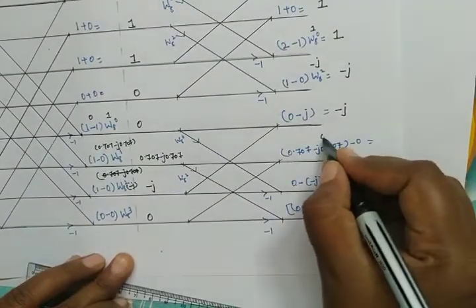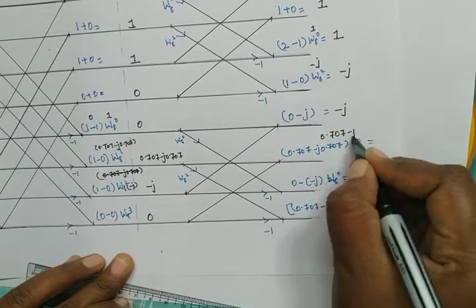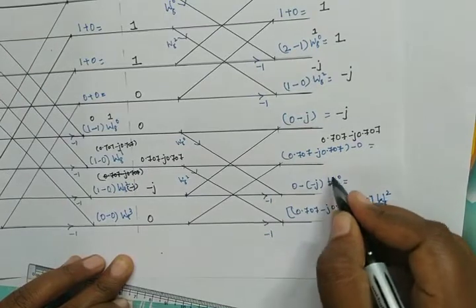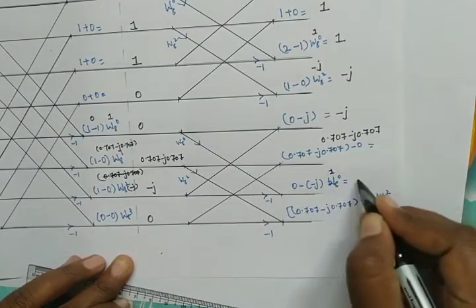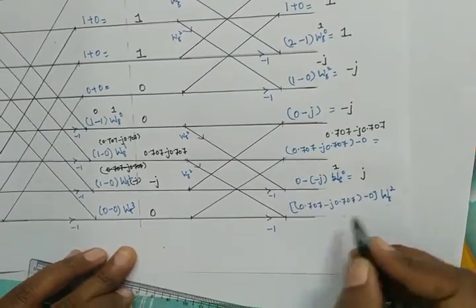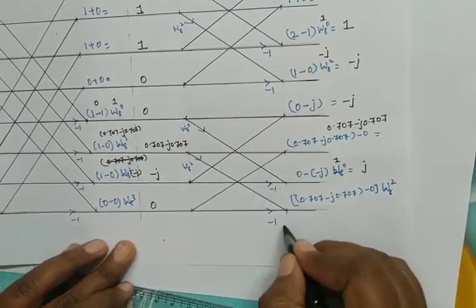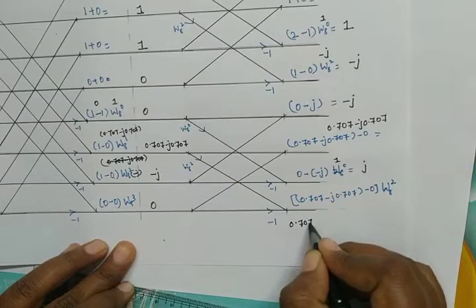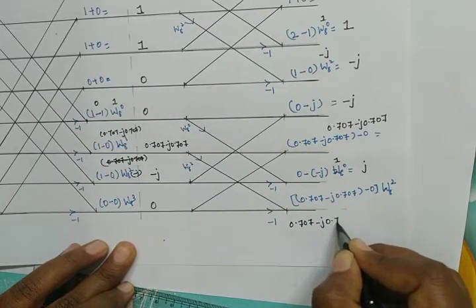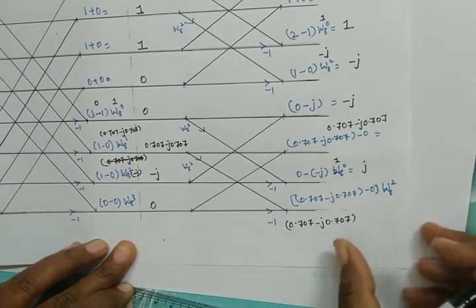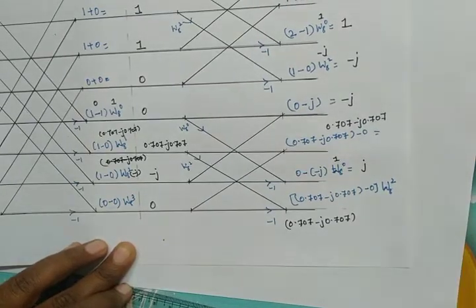Then the next one is, here we have 0. So the answer is 0.707 minus j 0.707. And here it is W8 power 0, so it is 1. So minus into minus plus j. And here W8 power 2. What is this W8 power 2? So we have to write 0.707 minus j 0.707 into, what is this? W8 power 2.